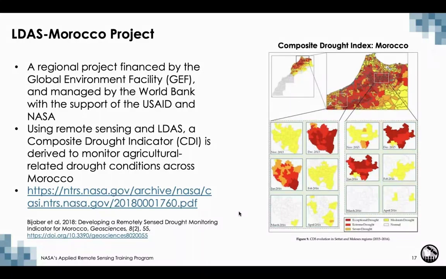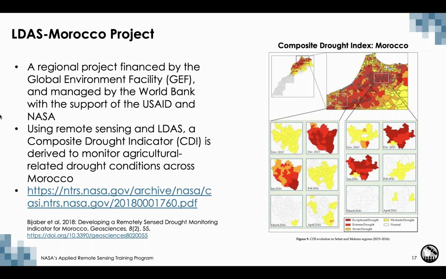One more regional project example is given here, and references provided here for details. It's ELDAS for Morocco. And this is again focusing just on the country of Morocco. It's the regional project financed by Global Environmental Facility, and it's managed by World Bank, USAID, and NASA.